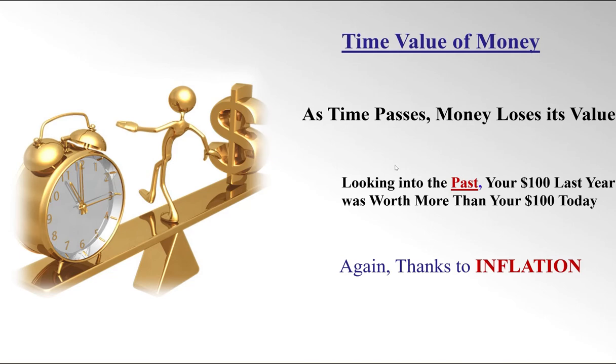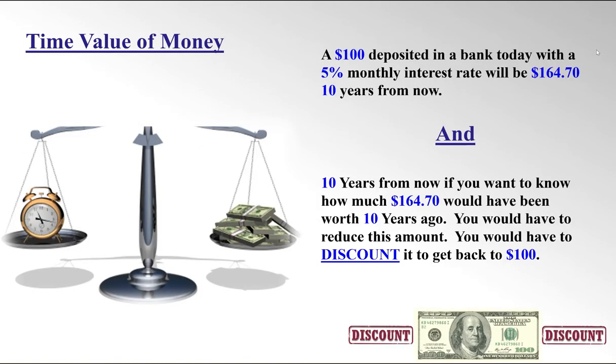So if I had $100 today and the bank gave me a 5% monthly interest, a year from now I would have $164.70. So that interest rate of 5% is a way for me to project what my $100 would be worth a year from now. By the same token, the reverse of it is true.